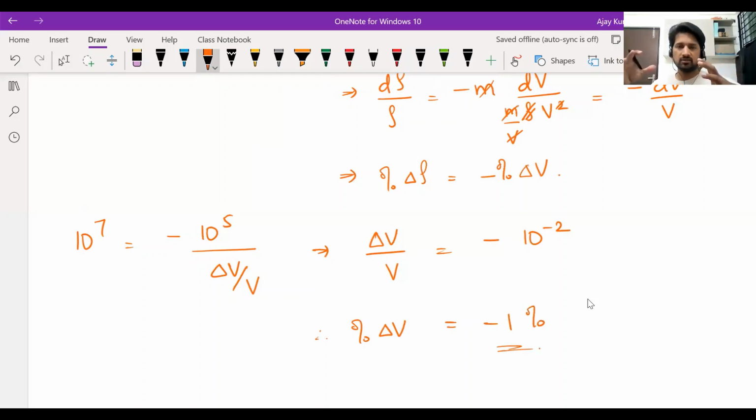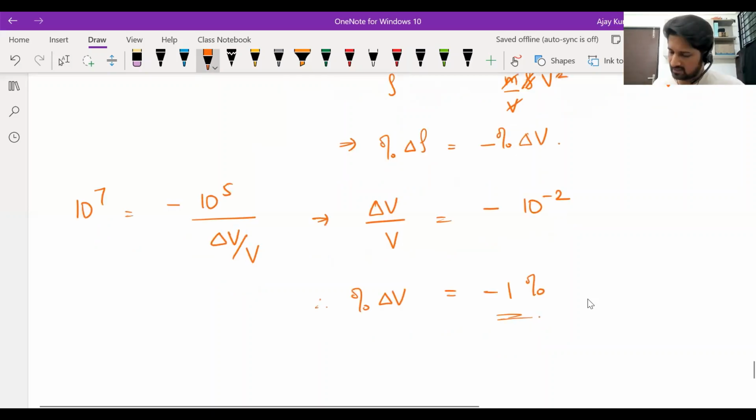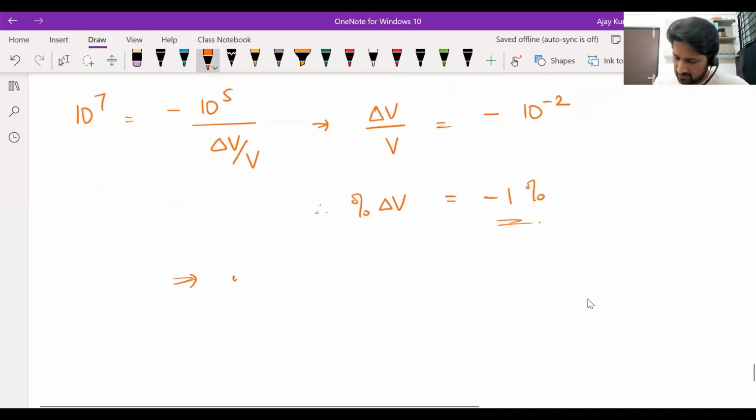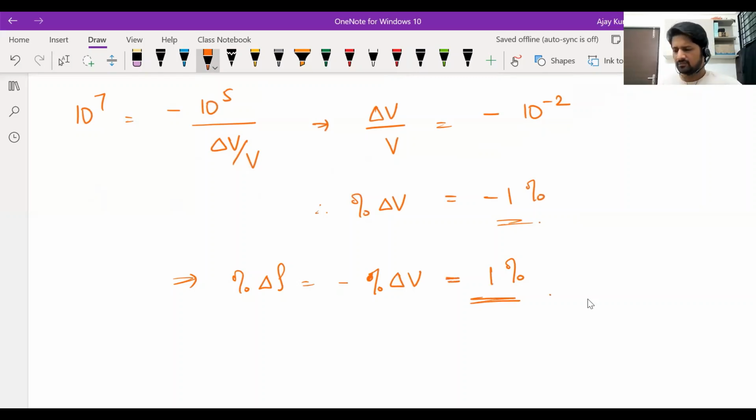You are increasing the pressure on the object, so that will decrease its volume. That's why the percentage change in volume is negative. And we just derived that percentage change in density is negative of percentage change in volume, so that becomes 1%. That means the density increases by 1%. If volume decreases for the same mass, that means it becomes denser. Density increases, and the percentage change is 1%.